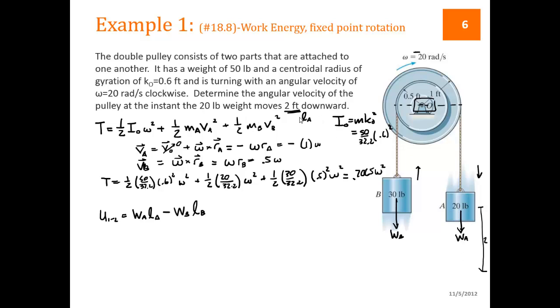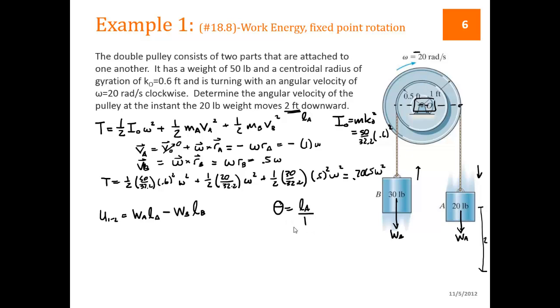How do we relate LA to LB? Let's look at the pulley. If this moves LB, then this point here, the rope, is going to move LB. The distance that the pulley will turn as that happens, let's call that theta. So theta is going to equal LA divided by the radius 1.